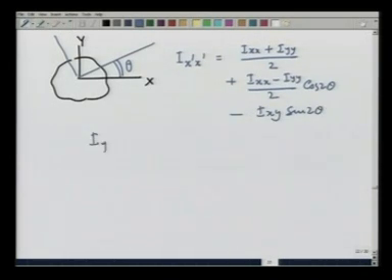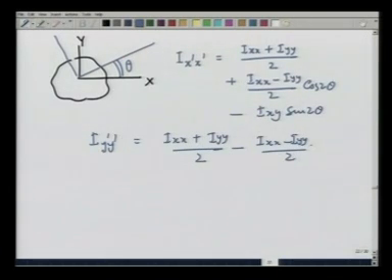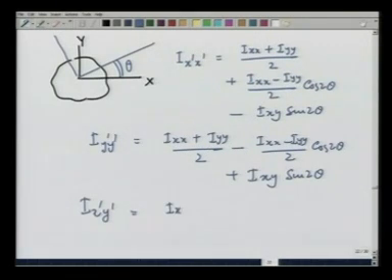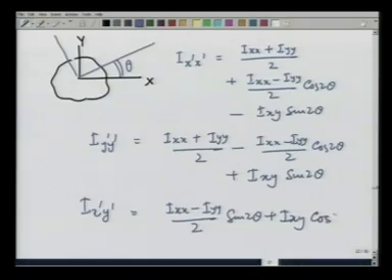Similarly, I_y' is going to be (I_xx plus I_yy) divided by 2 minus (I_xx minus I_yy) divided by 2 cosine 2 theta plus I_xy sine of 2 theta, and I_x'y' is going to be equal to (I_xx minus I_yy) divided by 2 sine of 2 theta plus I_xy cosine of 2 theta.